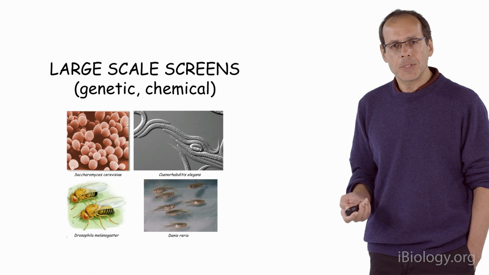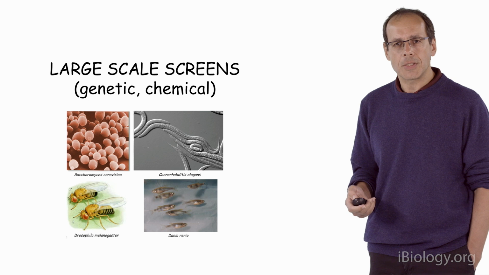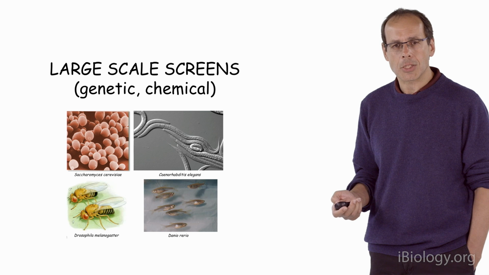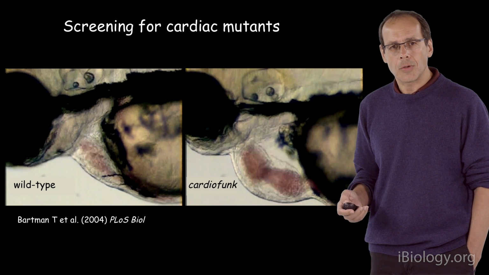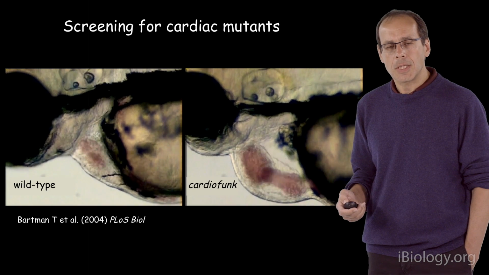Besides the imaging, the other major advantage of the zebrafish model is the ability to do large-scale screens, be they genetic or chemical, and I'll just focus here on the genetic screens, again using the heart as the model system. I've shown you this movie of the wild-type heart, and on the right, you can see a mutant heart.